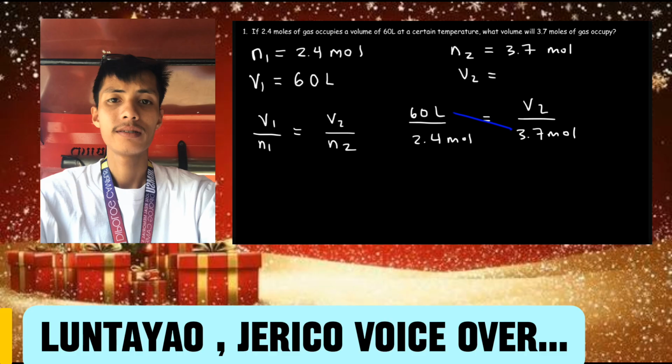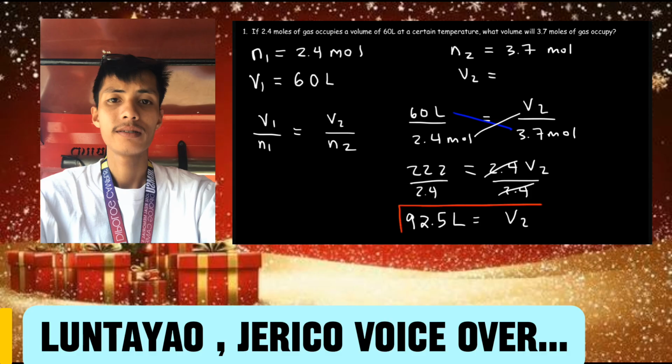That's going to be 222, and that's equal to 2.4 times V2. Now we have to divide both sides by 2.4. So V2 is 222 divided by 2.4, and that's going to be 92.5 liters. And so that's the answer.